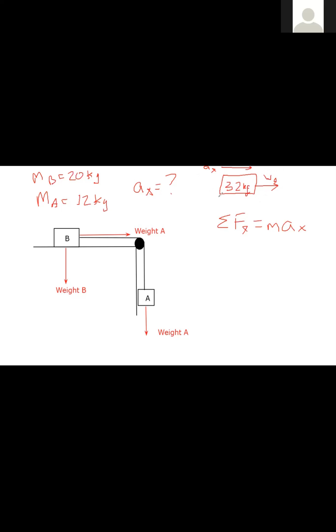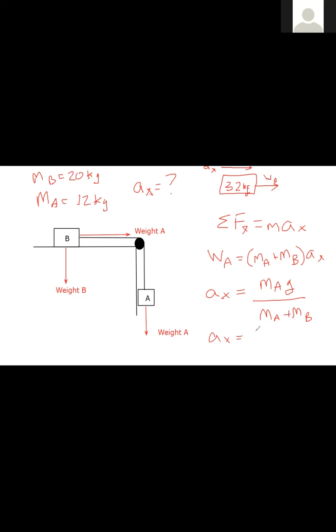So when you look at the picture of what's going on, you can say the only force in the X is WA. That equals the mass of A plus the mass of B times the acceleration in the X. The acceleration in the X equals MA times G over MA plus MB.